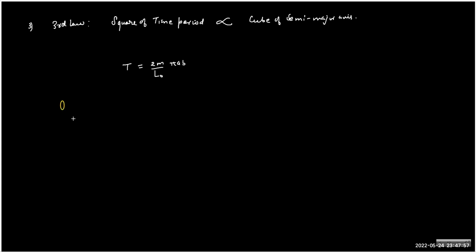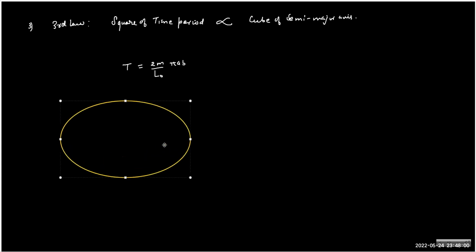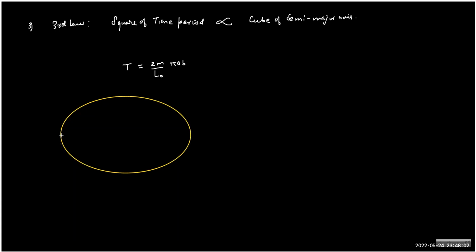Because L naught I have written as a symbol, but what's the actual value? And the answer we must derive in terms of known quantities like the mass of the sun, because the governing mass is the sun here, and the earth or the planets will act as a satellite, right? Yes.